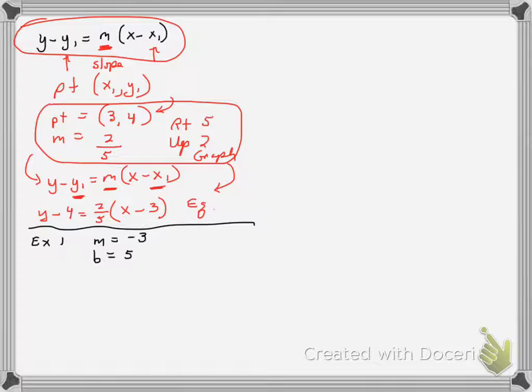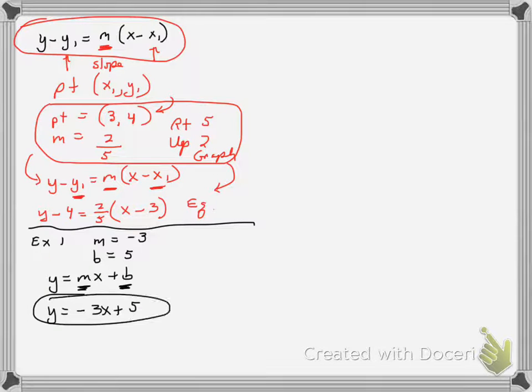I have to identify which equation to use, and I'm going to use the slope-intercept equation, y equals mx plus b. I'm going to plug in for m and plug in for b. This is the simplest one, and this one you've already done in the previous lesson. So y equals -3x plus 5, and that's all there is to it.